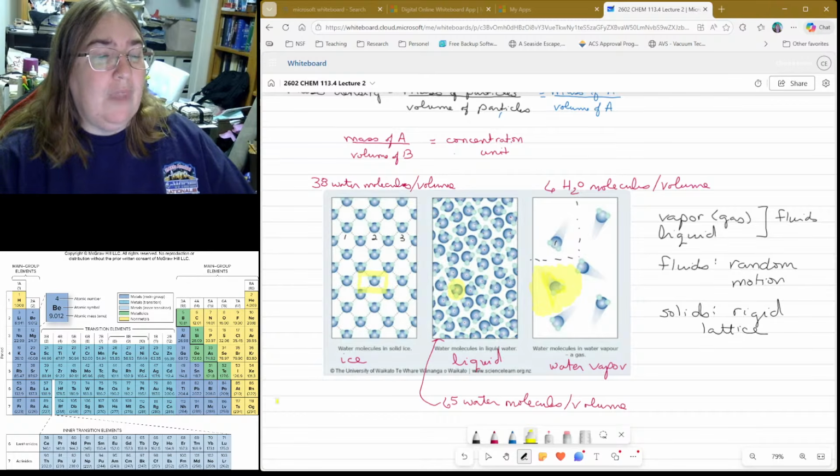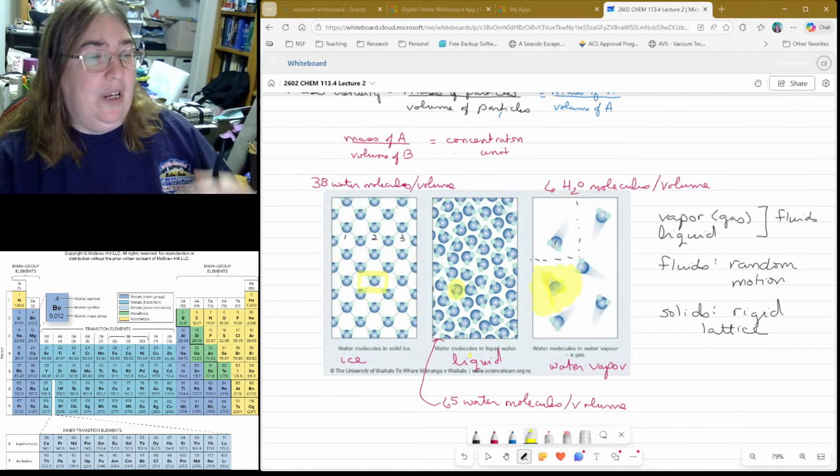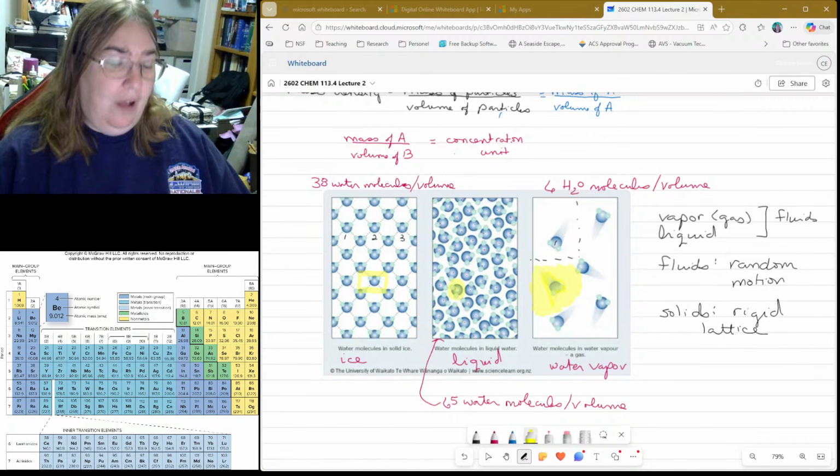So what defines gas, liquid, and solid is density.